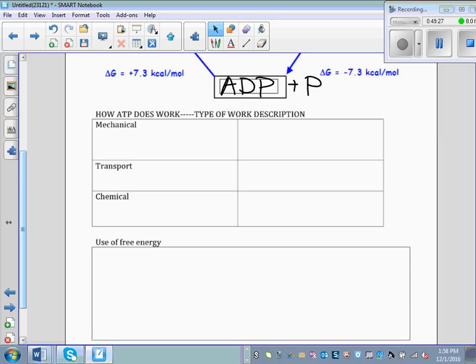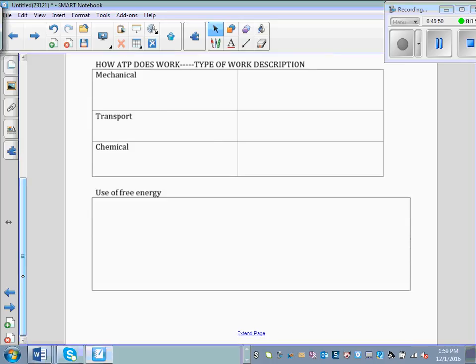One more. So what do we use our free energy for? There are two temperature plans organisms have. What are the two main temperature plans for maintaining temperature? Endothermy or ectothermy?